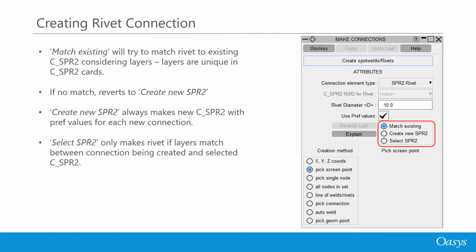If one is found, the new rivet will use that definition. If a match is not found, it will create a new SPR2 definition as per the Create New SPR2 option. The Select SPR2 option will only make the rivet if layers match between the connection being created and the selected constrained SPR2.